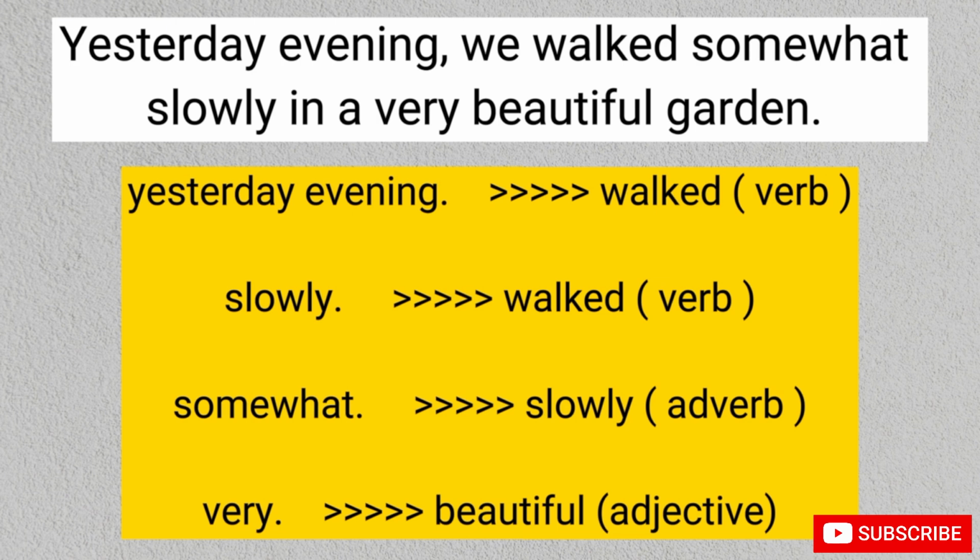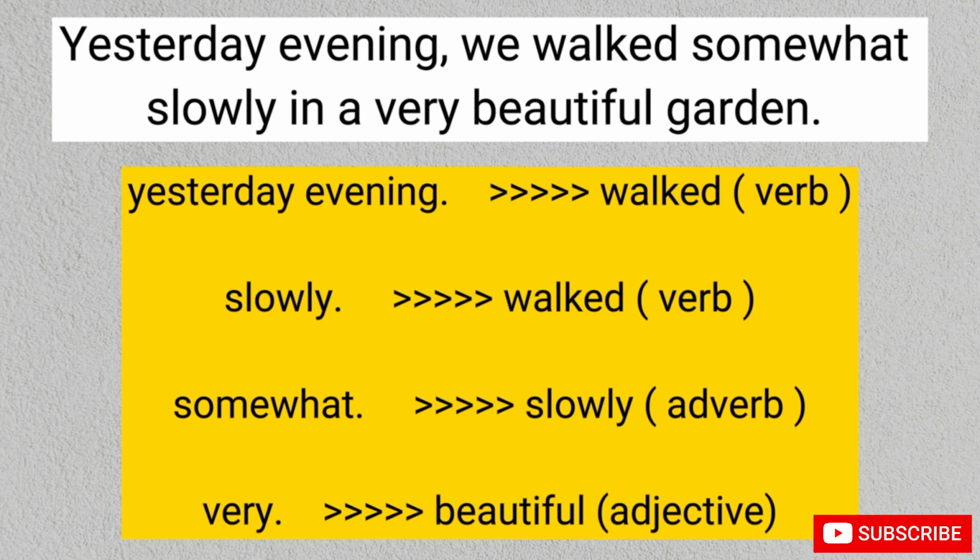But notice that you can further ask, how slowly did we walk? Did we walk very slowly or a little slowly? The answer is somewhat slowly. Somewhat means something like a little. Now notice that somewhat is actually giving us information about slowly. How slowly? Somewhat slowly.